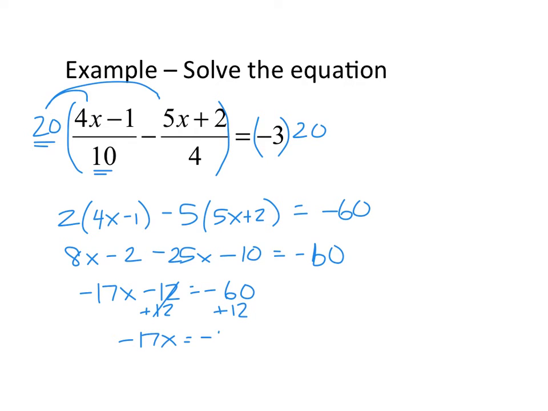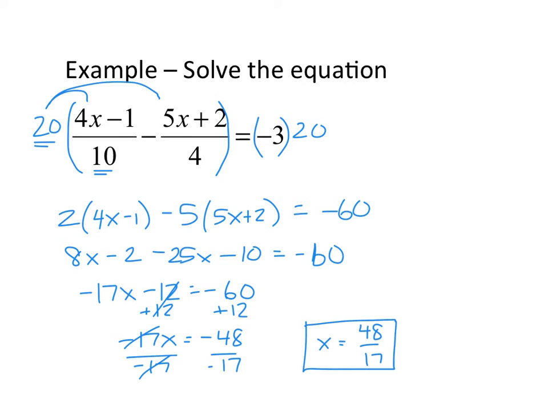Equals negative 48. Divide by negative 17. Oops, I wrote a 4 there. And so then we end up getting x equals, well, a negative divided by a negative is a positive, and 17's prime, so that is already reduced. We get 48 over 17, okay?